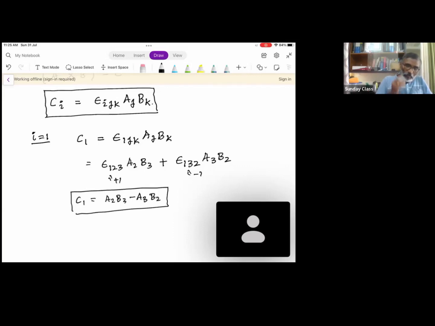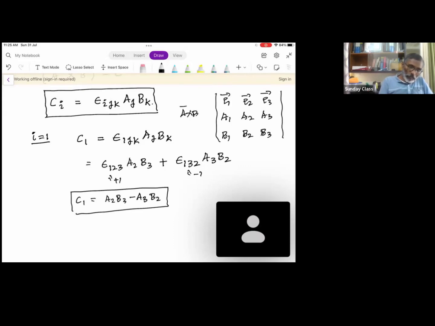So how do you write this? You will write it like this, right? E1, E2, E3, A1, A2, A3, B1, B2, B3. The determinant. This is how you write down your A cross B, right?